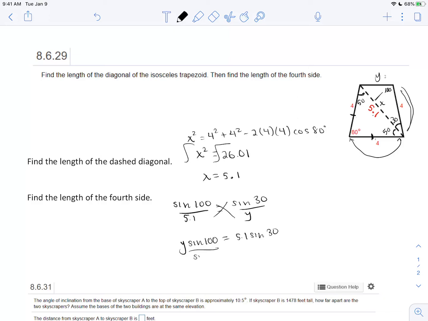I'm going to divide by sine 100 to get just the y by itself. That cancels here, so I have y equals 5.1 sine 30 over sine 100. When I plug all that in my calculator, I'm left with y equals 2.6, right? So 2.6 is the length of the fourth side.